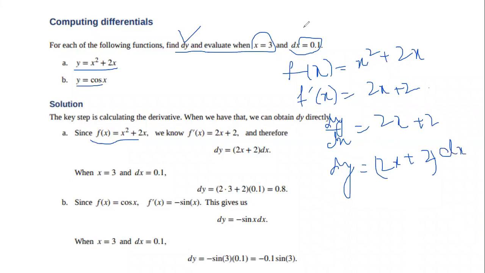Okay, so now I have to put the value of x. So I will put x equals 3 into 2x, plus 2, and dx value is given, that is 0.1.